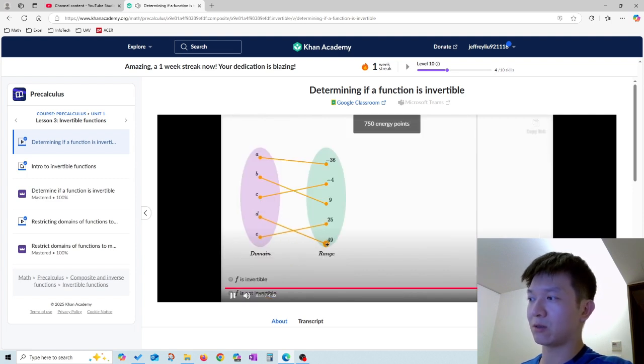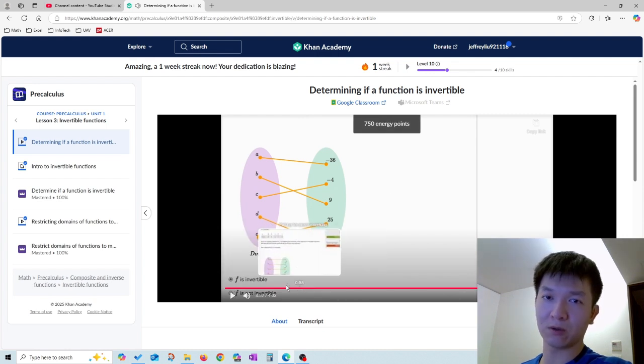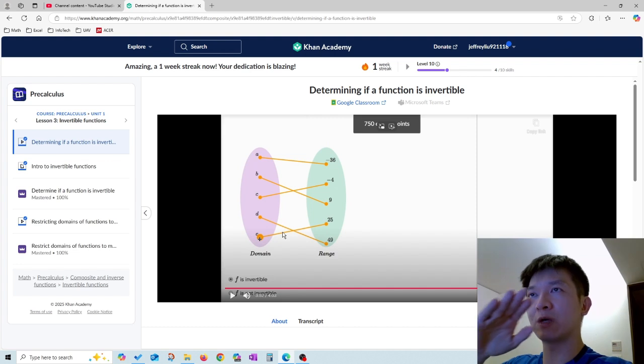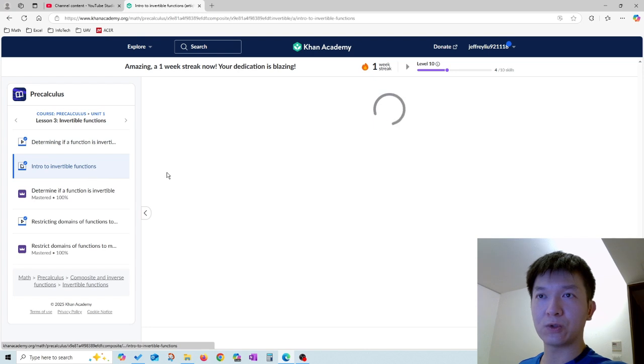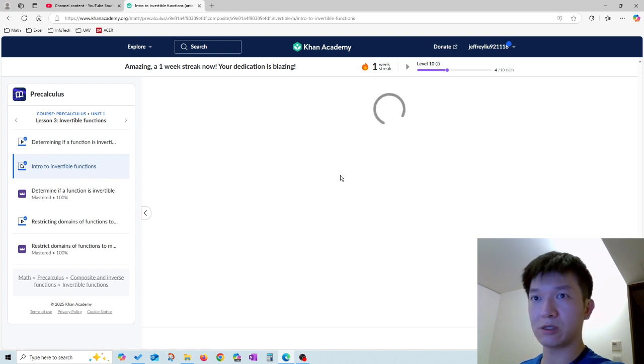Okay, so that one is indeed invertible. So you can draw them on a plane, and you can do your horizontal test to see if it's invertible. If it doesn't pass, then it is not invertible.